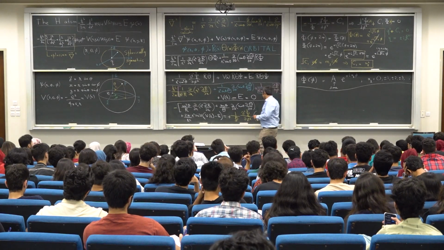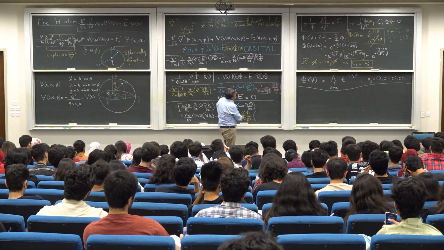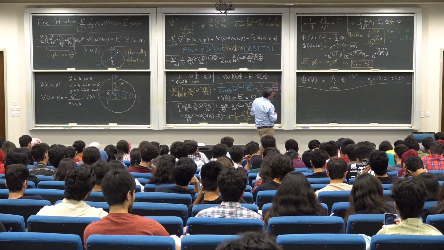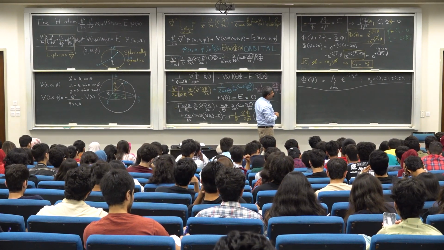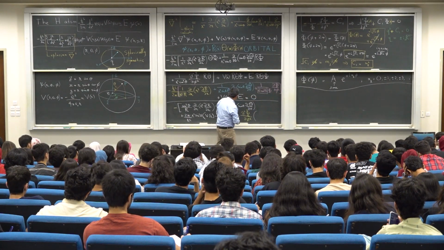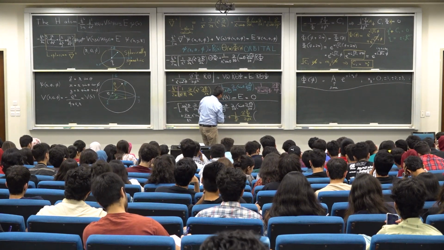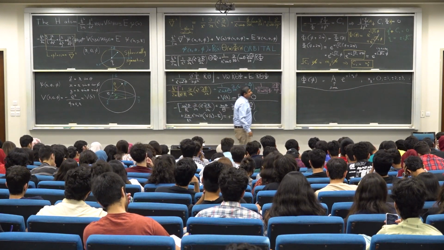Now when I solve this, this thing equals minus C1. Minus C1 is minus ml square. So I can put minus ml square here and then see what my equation is going to look like.